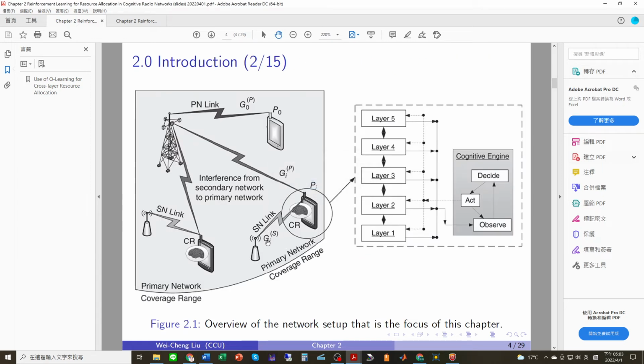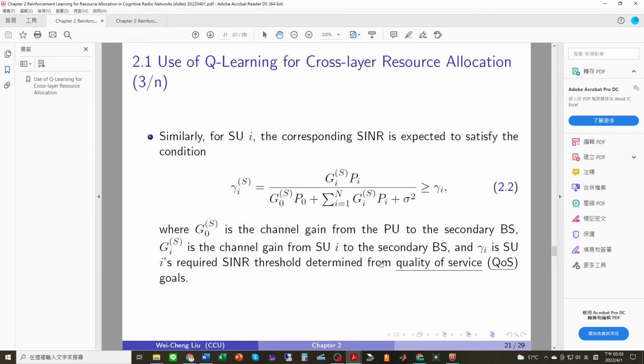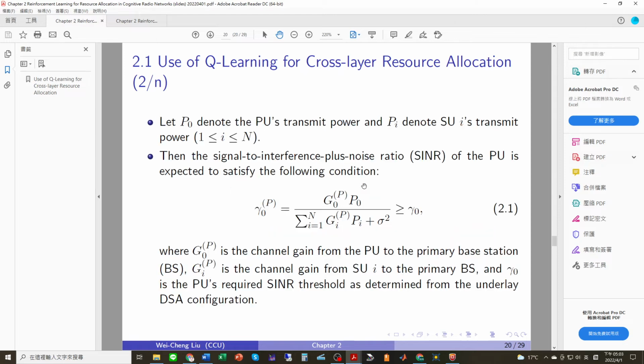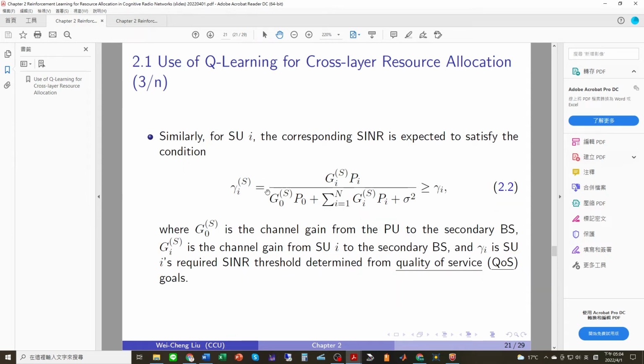PI denotes the secondary user I's transmit power, divided by G0S. G0S is the channel gain from the primary user to the secondary base station.